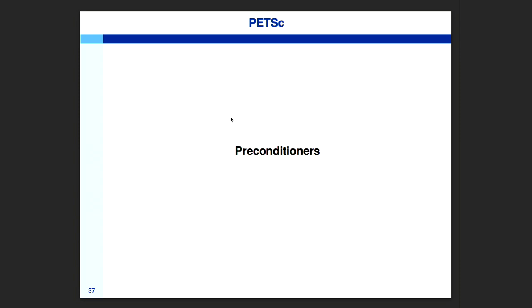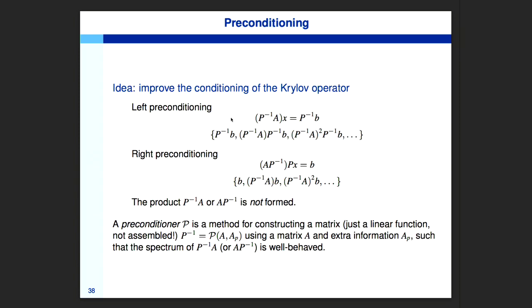So preconditioners can be incredibly important for the practical use of Krylov methods for many problems. The idea, as Lori introduced, is to improve the convergence of the Krylov method by applying a preconditioner to the problem.